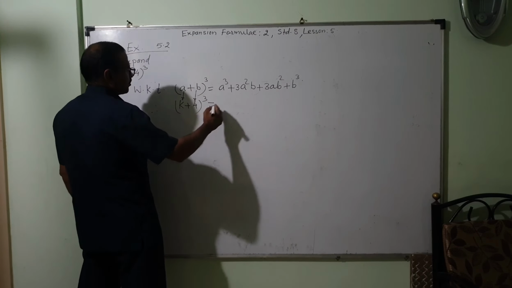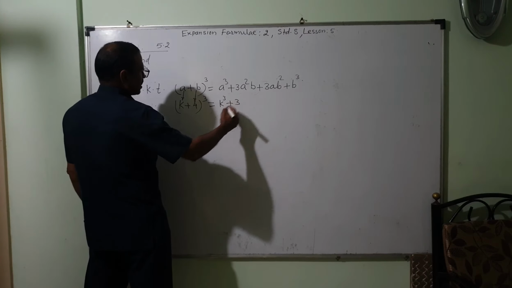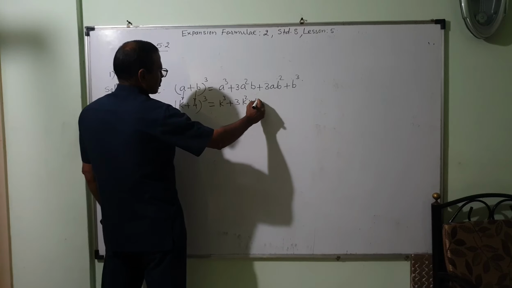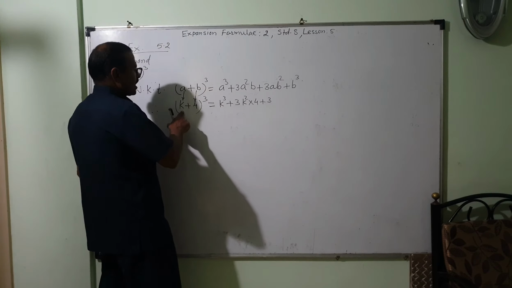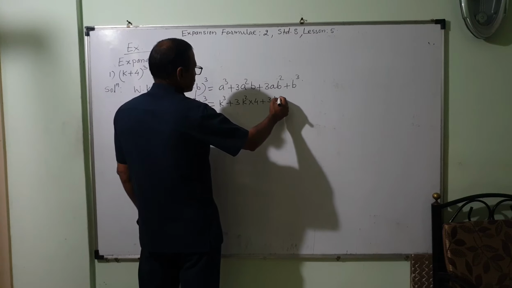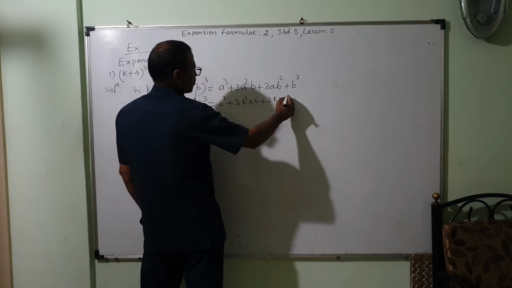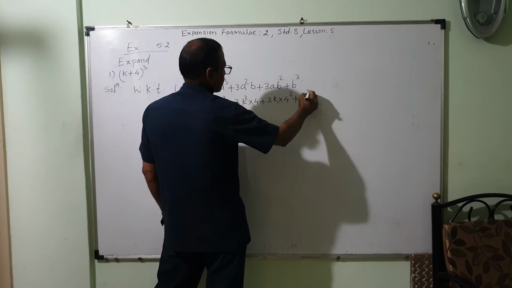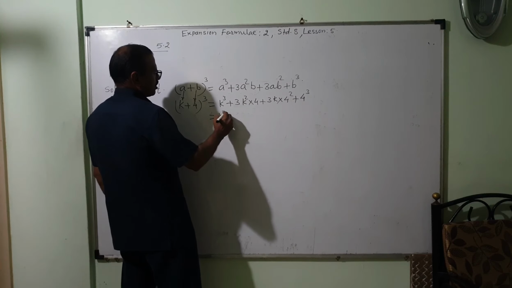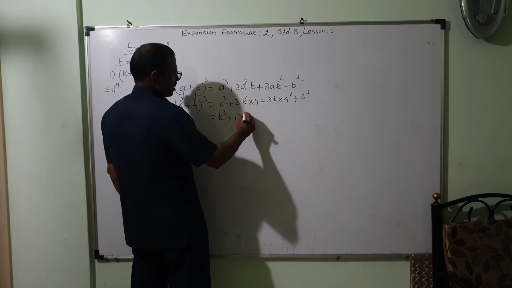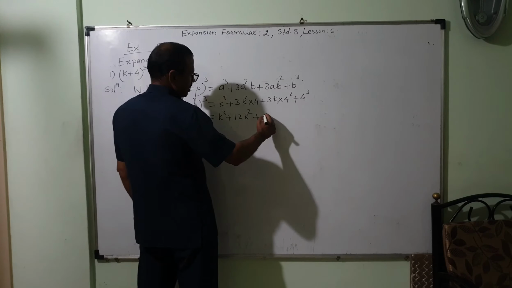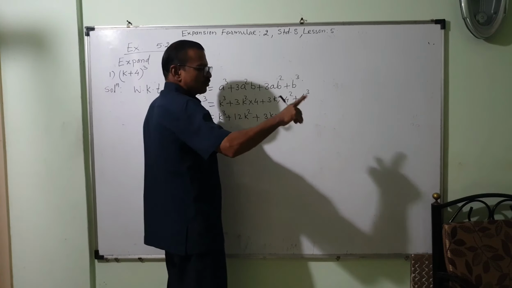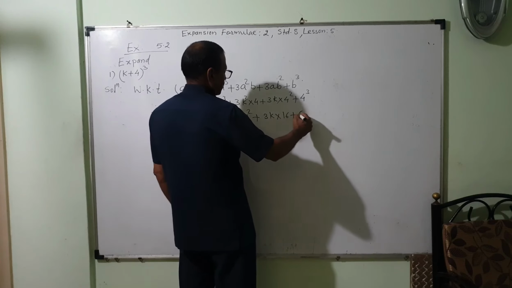That is equal to a³ means k³, plus 3 a² means k² into b is 4, plus 3 a is k into b² means 4², plus b³, b is our 4, 4³. That is equal to k³ plus 4 3 are 12 k², plus 3k into 4² is 16, plus 4³, 4 into 4 is 64.